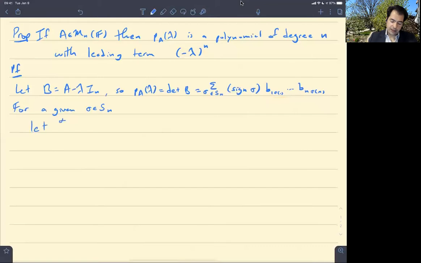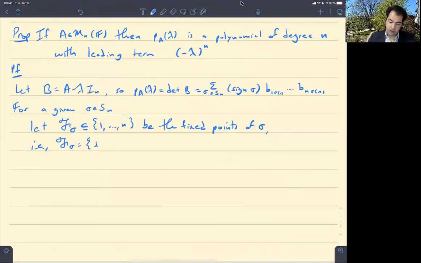So let F sub sigma be the subset of the numbers from 1 to n that are fixed by sigma. What I mean is that F sigma is equal to all of those i's such that sigma of i is equal to i.